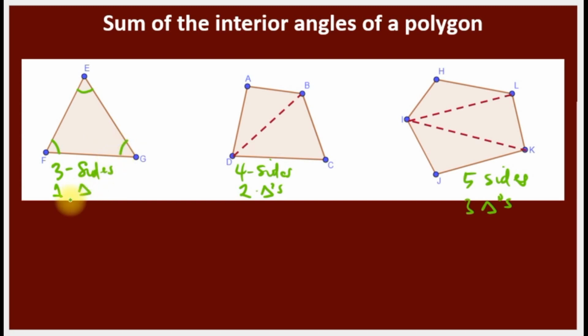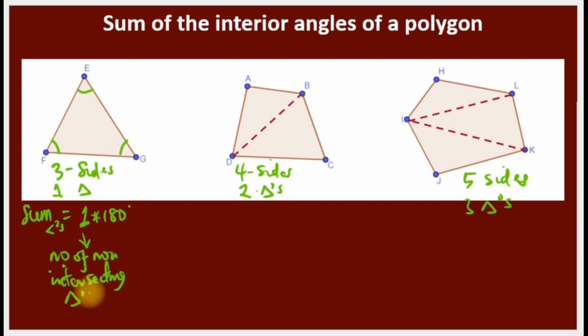If I want to get the sum of the interior angles, it's simple. What can you deduce from this? This is 1 triangle, so the sum of the angles will be the number of non-intersecting triangles, 1, times 180, where 1 is the number of non-intersecting triangles.